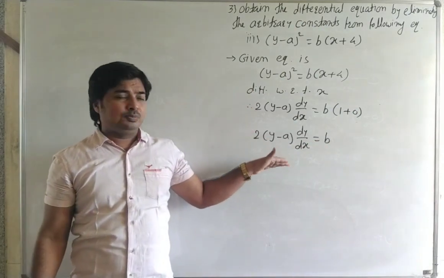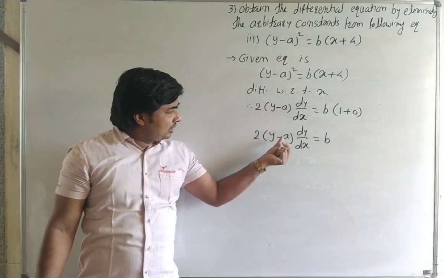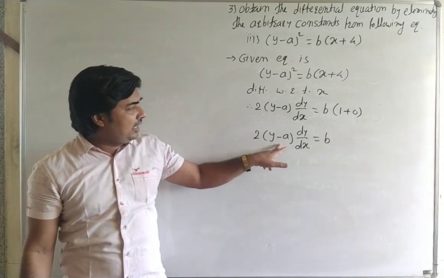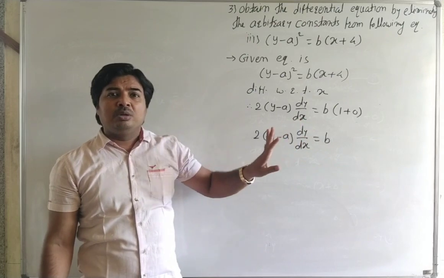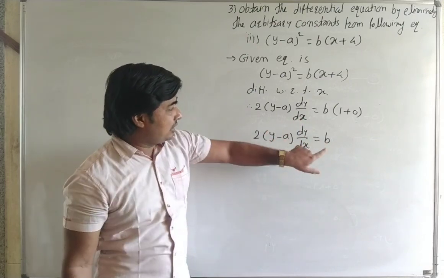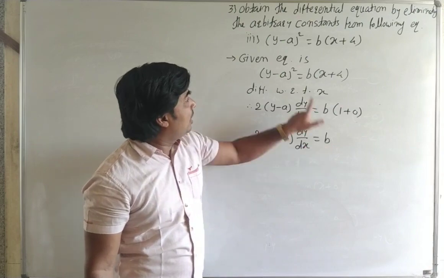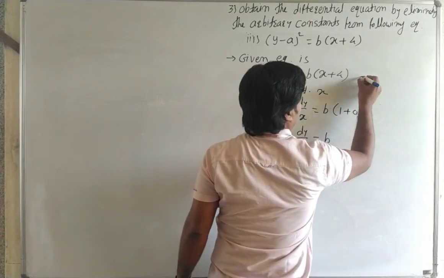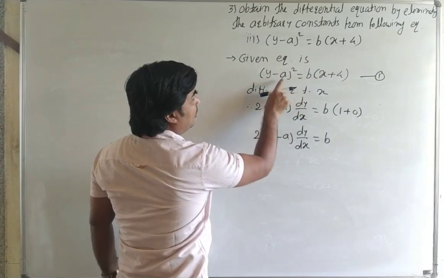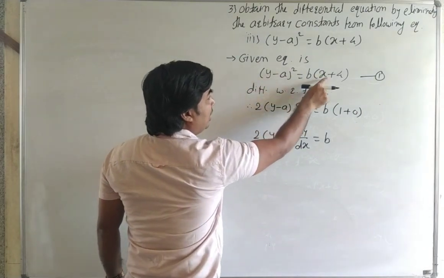See carefully. When we differentiate one time, the two arbitrary constants a and b are still present. That means we have not eliminated any constant. Now from the given relation, the value of b is (y minus a) squared upon (x plus 4).